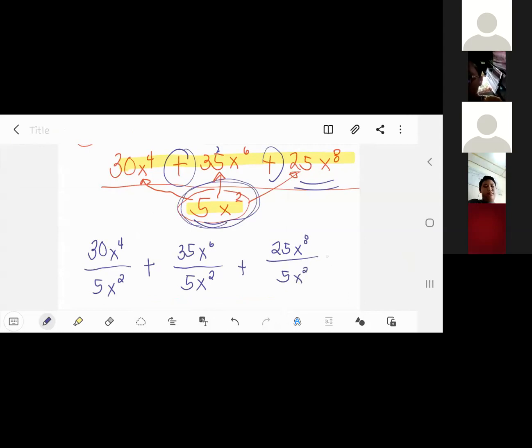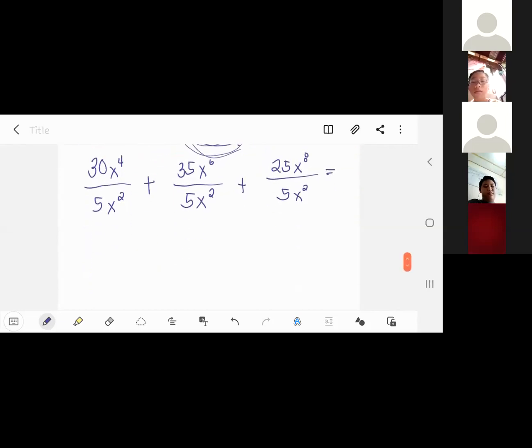Again, divide the denominator or divisor into each term of the numerator or the dividend. Understood? Okay, now let us apply.